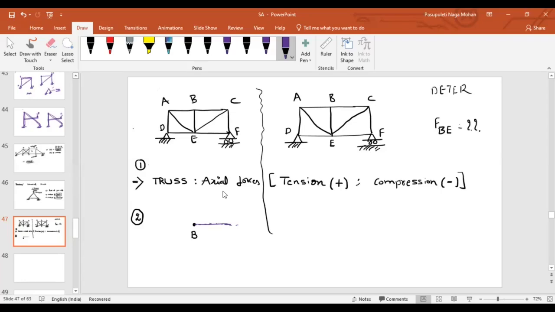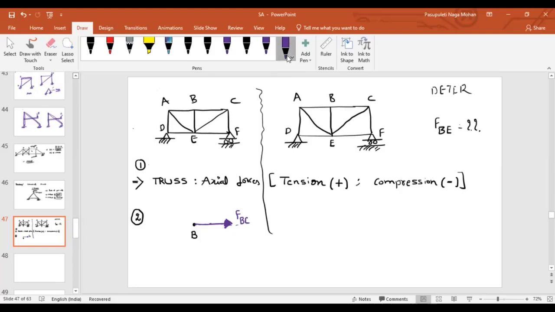So in which direction should I represent it if it is away from point B along this line? Right side. I have to represent it on the right side. So if you want to represent a tensile force in the member BC, draw a line along the element and then represent an arrow away from the joint. So this is my representation of the tensile force. Let us assume that this is my force in the member BC.